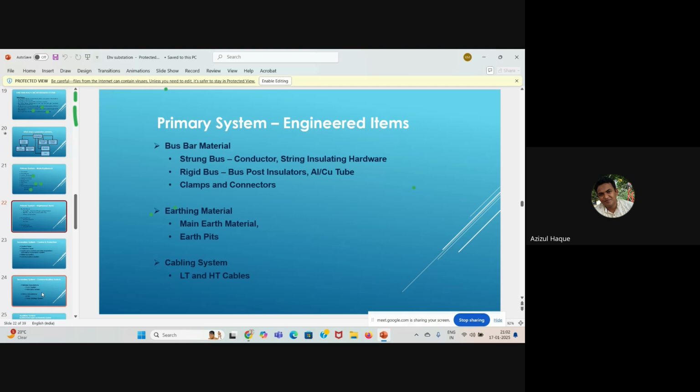Suppose I have one Siemens breaker connected in the circuit, now I want to change it and replace it with an ABB breaker. It is not necessary that the terminal pad of the ABB breaker will be the same as the terminal pad of the Siemens breaker.